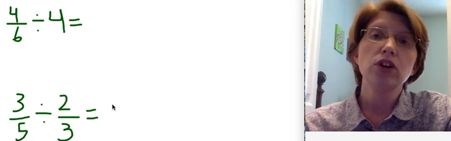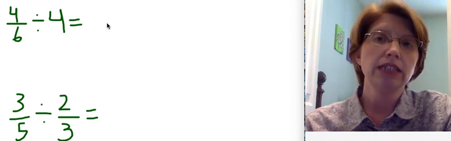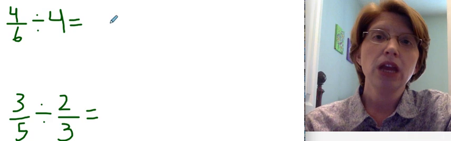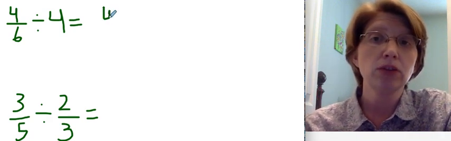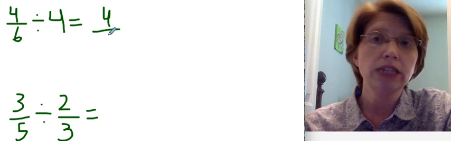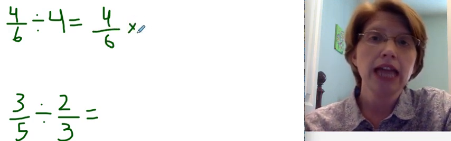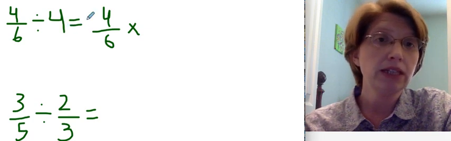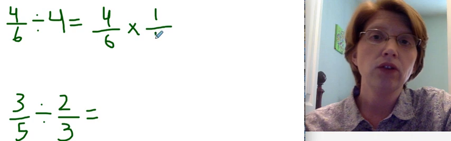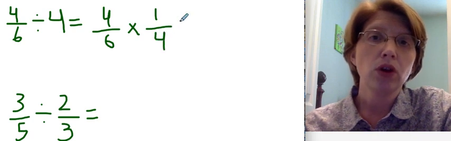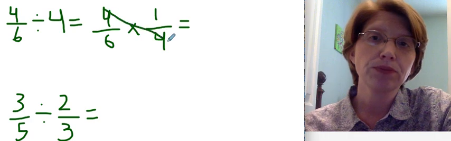Okay, but first let's practice doing what we know to do. So we've got 4/6 divided by 4. So if I'm going to divide this, I need to keep the first number the same, which will be 4/6, and then I'm going to turn it to a multiplication sign, and then I'm going to flip this number, which is going to be a 1 on the top, right? 1/4, which means these cancel out, right?